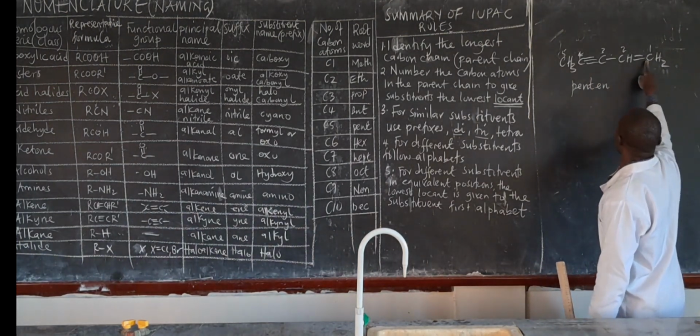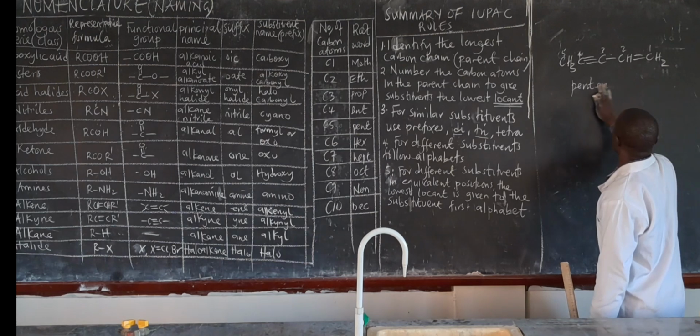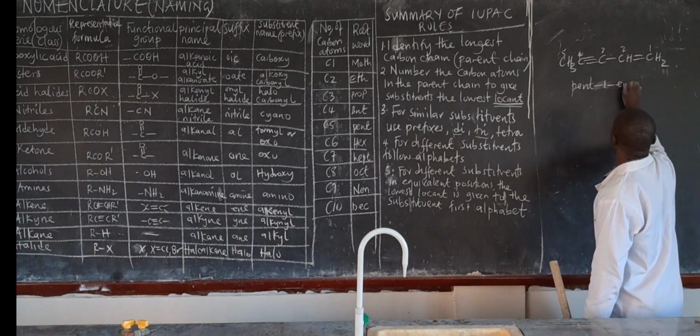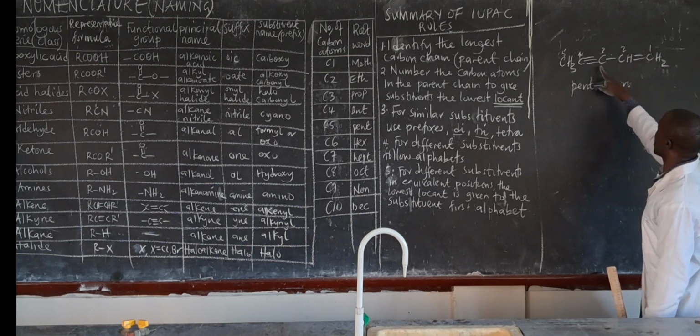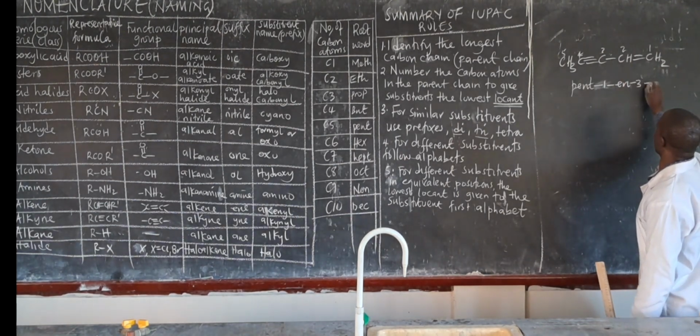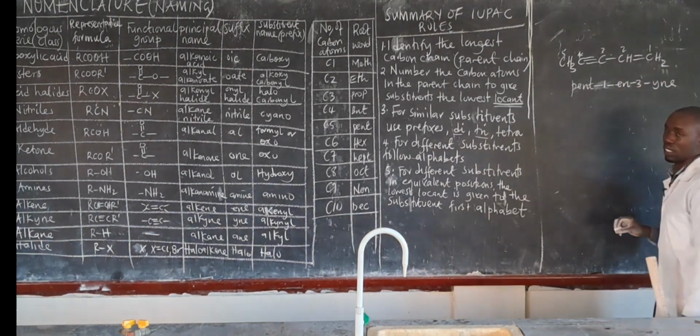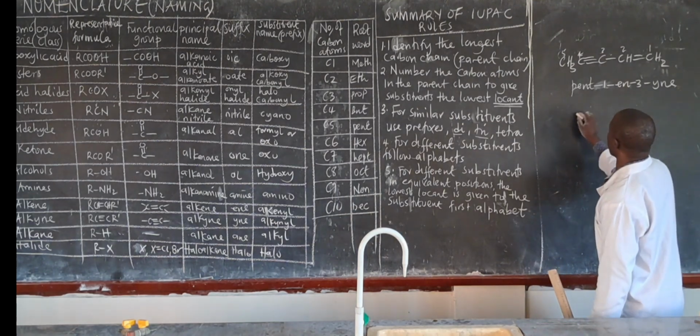But because we have this at position 1, it is pent-1-en, then I can't complete here because there is an extra functional group here, 3-yne. So that's how we name that.